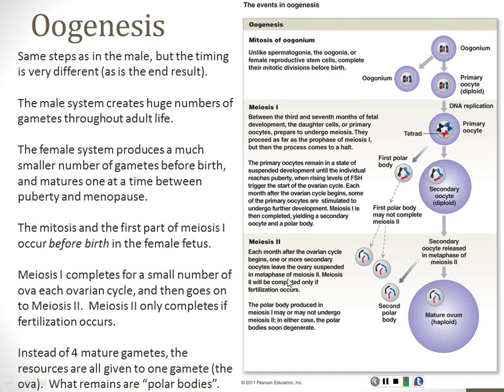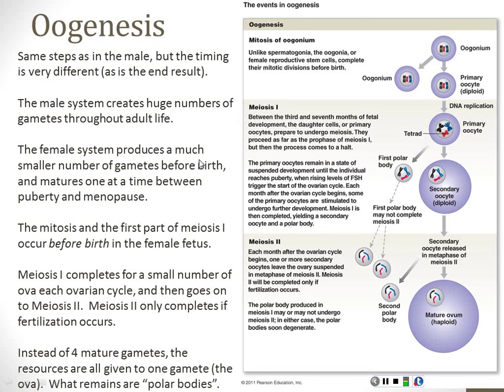And in addition, in the male, we started with one cell and we got 4 identical cells out. Well, in the female, it's asymmetric too. So we start with 1 cell and we get 1 big cell and 3 little tiny cells. So they're not symmetric. Okay, so in the male, we get huge numbers of gametes formed all throughout life.